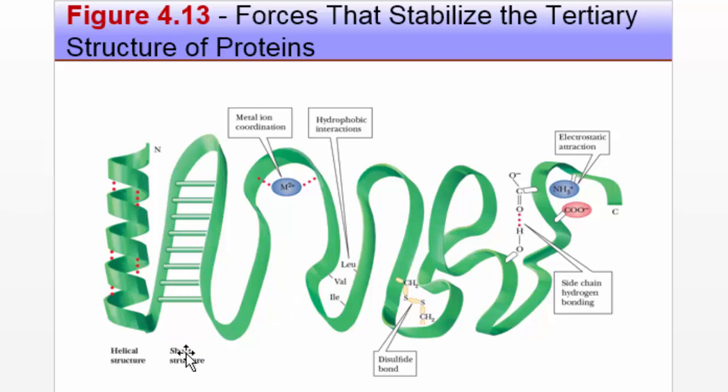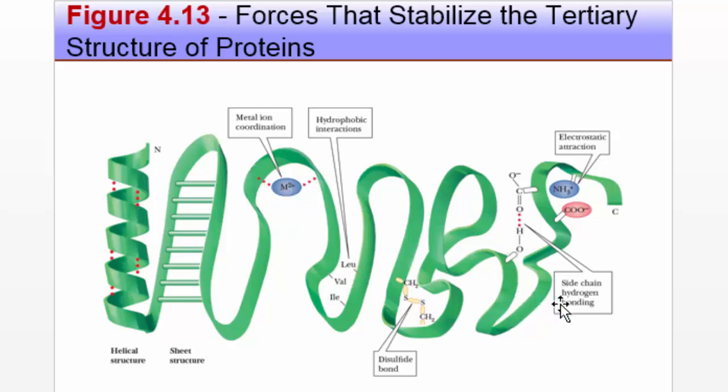Now, if you look at this schematic representation of the forces that stabilize the tertiary structure of protein, here we want to start with the covalent type of forces. You see, when you have 2 cysteine residues close to each other, they form a disulfide bond. This is covalent. Now, we have hydrophobic interaction with non-polar side chains close to each other. We have metal-ion coordination.